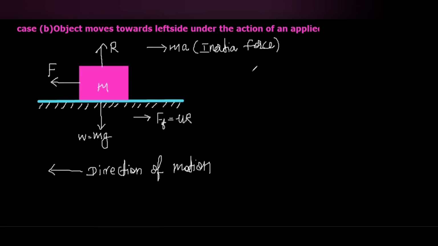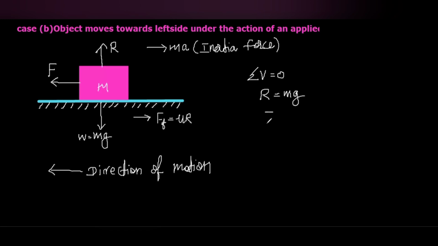So the analysis: summation of vertical forces equal to 0 here, where the reaction force R is an upward force and the weight, which is equal to mg, is a downward force, so we can write upward force R equal to the downward force mg.